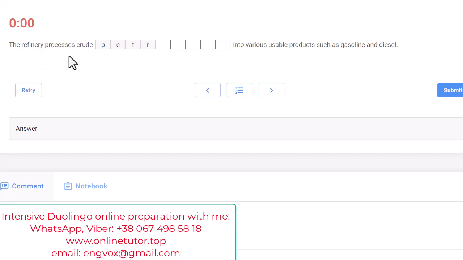The refinery processes crude something. Crude means usually pure, at the initial natural stage in nature. Raw. The refinery processes raw something, so it's obviously a noun, into various usable products. So what is processed at the refinery? You now understand everything, and you understand that it's a noun, the object of the sentence.